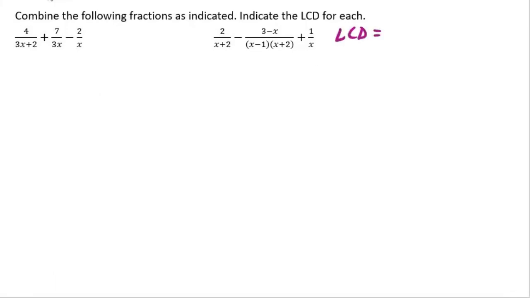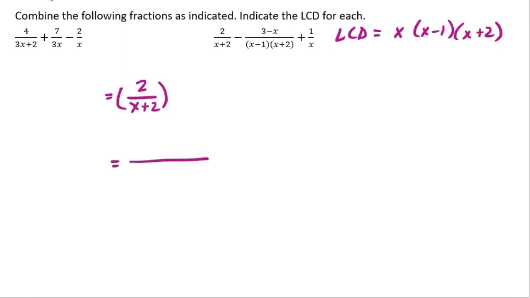The LCD here is going to be x times x minus 1 times x plus 2, if I look at the prime factors of each of the denominators. And so I'll have to take 2 over x plus 2 and turn it into a fraction over x times x minus 1 times x plus 2.